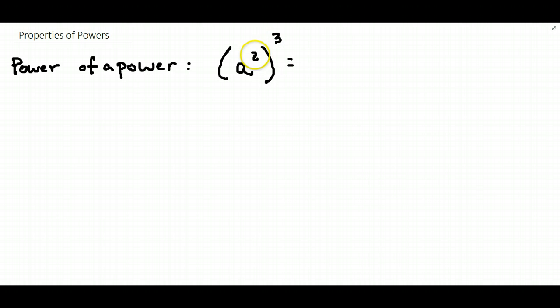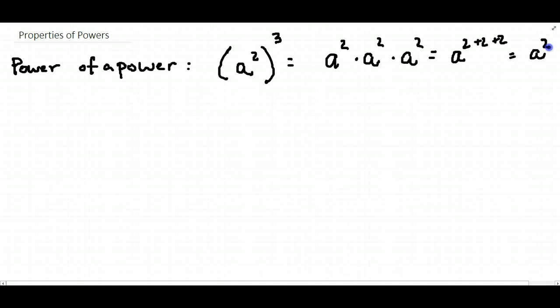So you're raising this a squared to the 3rd power, which is the same thing as a squared times a squared times a squared. And when you're multiplying a monomial with an exponent with the same base, you add them. So you have a raised to the 2 plus 2 plus 2, which is a to the 6th.